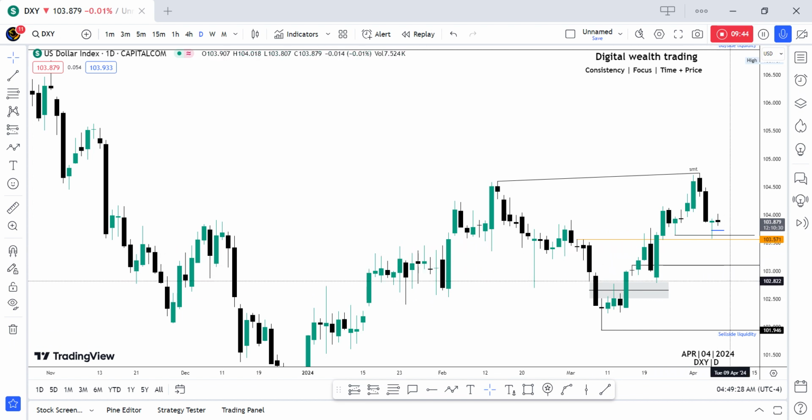And we reacted off of that area impulsively and traded higher. So consequently, I am anticipating for price not to trade below the consequent encroachment of Thursday's price. Just like I have said on Euro, I'm also expecting that on DXY, and I want to see price remain above this. As long as we remain above the consequent encroachment, then we are good.